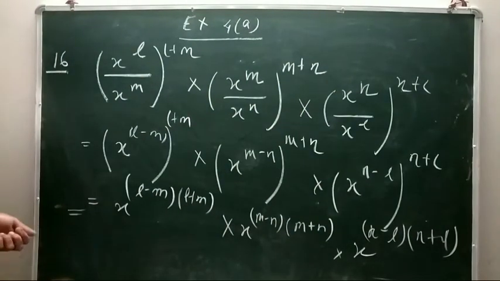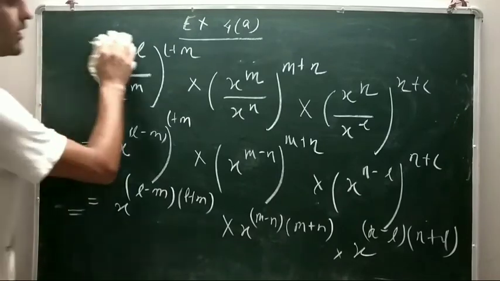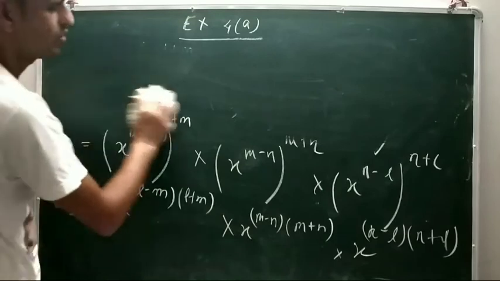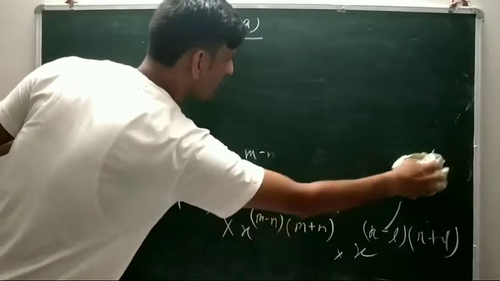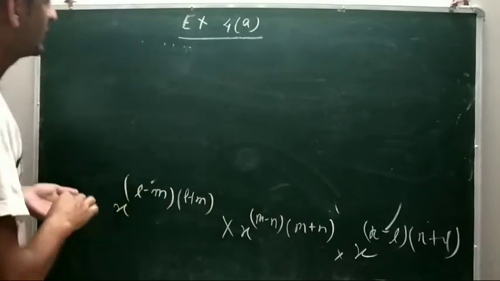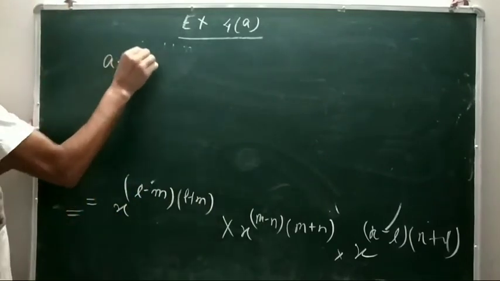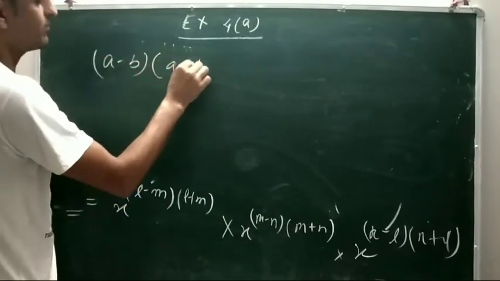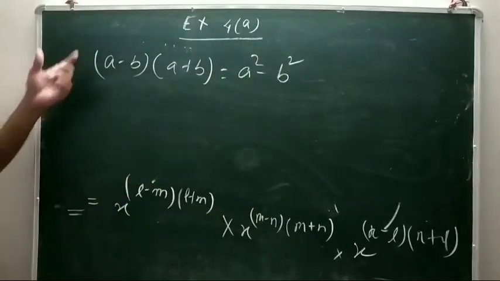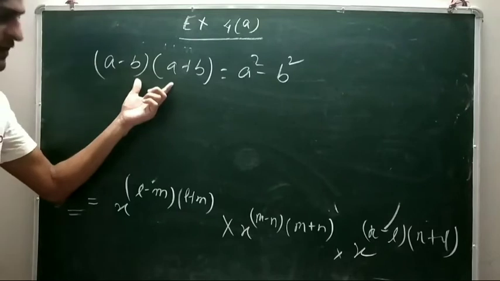Now let us see. So students, we have a law of identity also. Which law of identity did we get in class 8? The third law of identity. What is the law? A minus B multiplied with A plus B results in A square minus B square. So we will use this identity here.